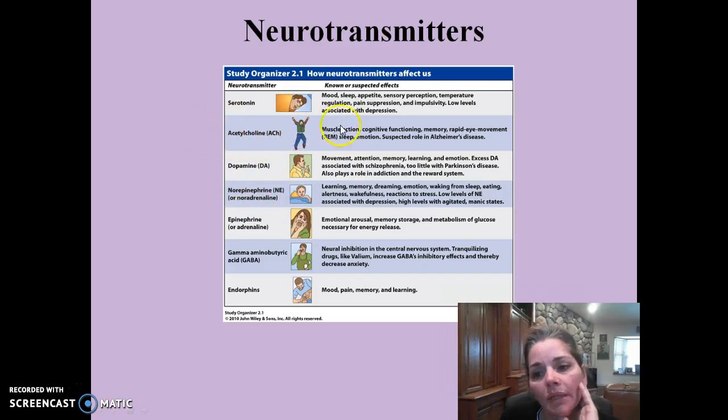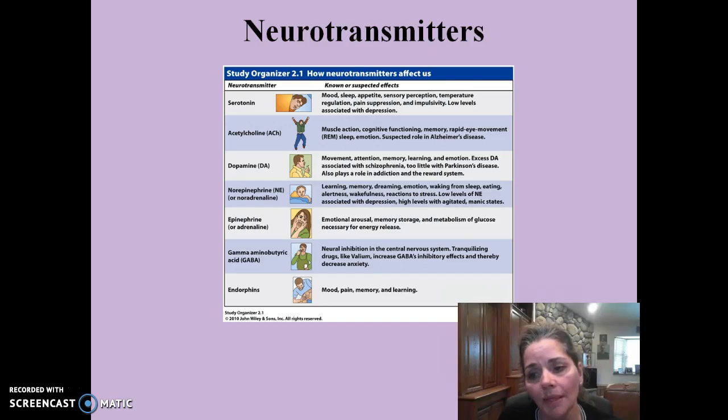Acetylcholine is often related to muscle action and REM. They also think that it might be involved in Alzheimer's. Dopamine is related to our movement and can influence our attention, our memory, and our language processing, particularly in terms of learning. And dopamine is involved in two major disorders.